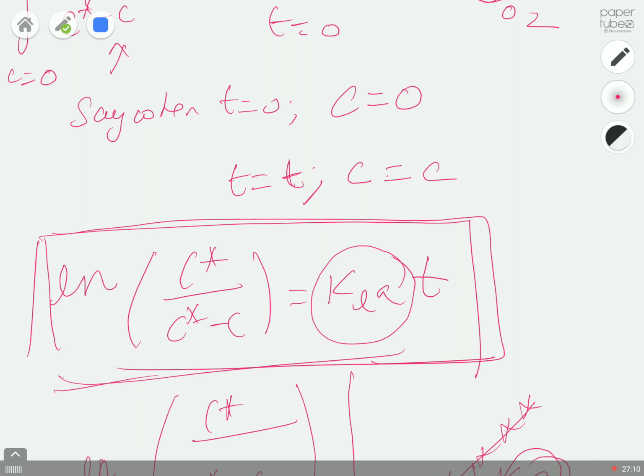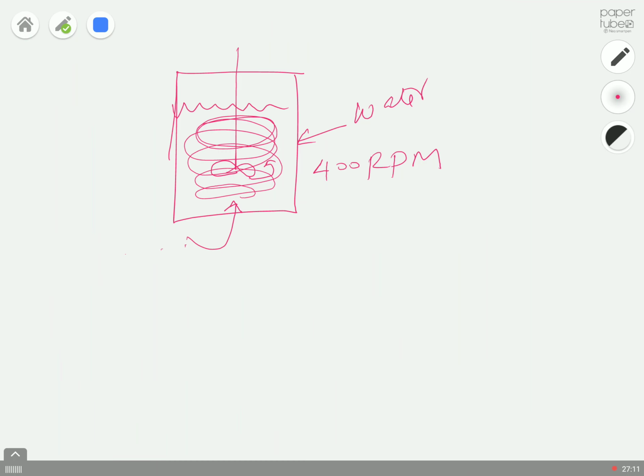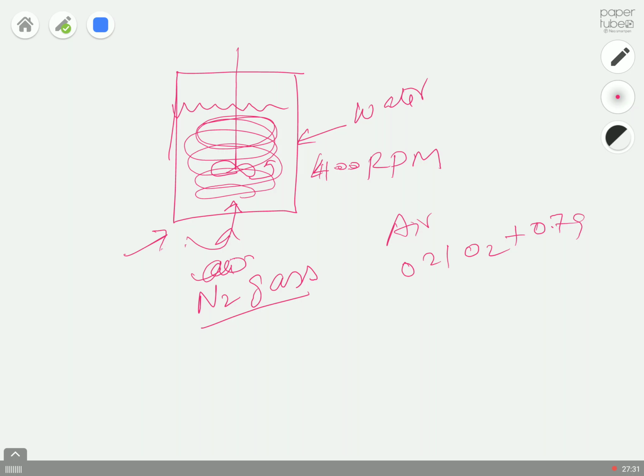So coming back to this experiment, what we do in the lab is agitate at 400 rpm and then we supply air. Sorry, we supply nitrogen gas. You all know air contains 0.21 mole fraction of oxygen, and the remaining 0.79 comes from nitrogen.